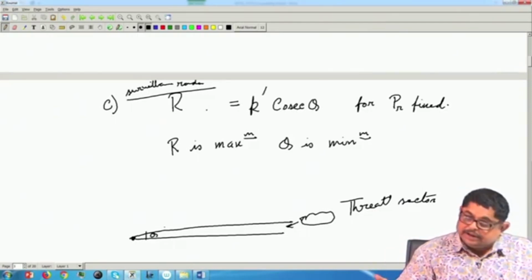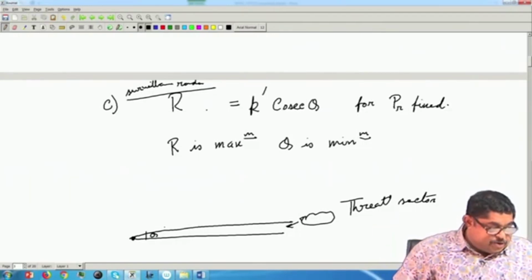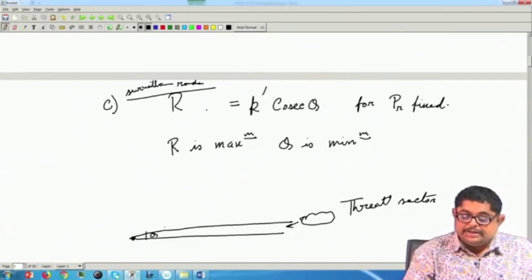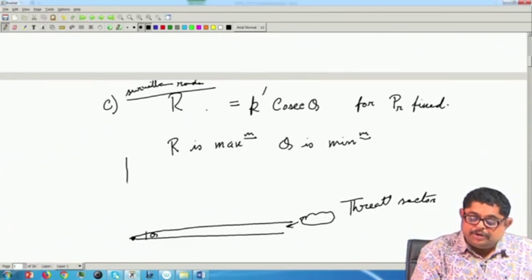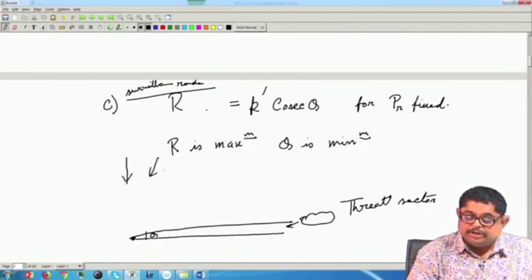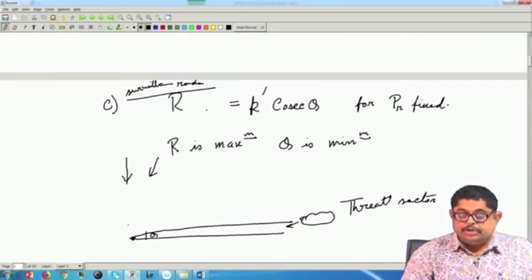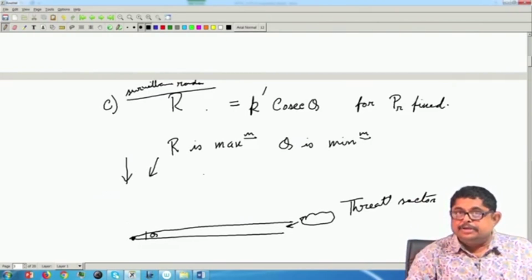So, in the threat sector we can say that it has a very high range, whereas no aircraft will come from this direction or even this direction, because these are the points where easily they will be detected. So, this is a non-threat sector. Generally, all aircrafts will try to come like these angles.